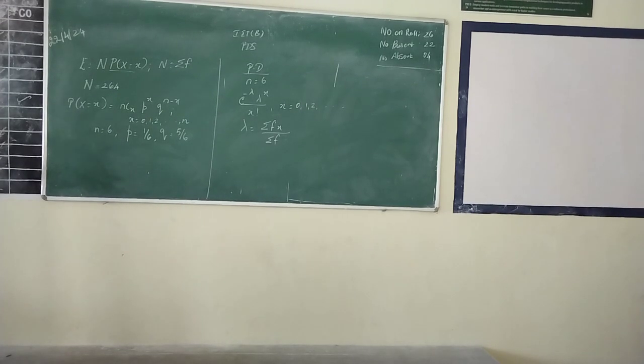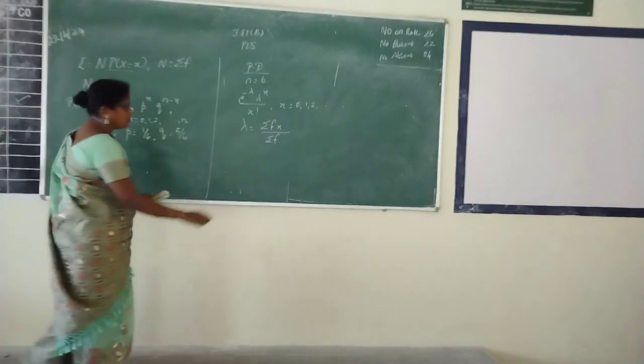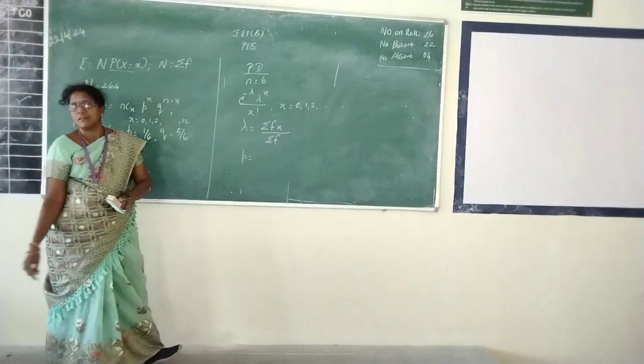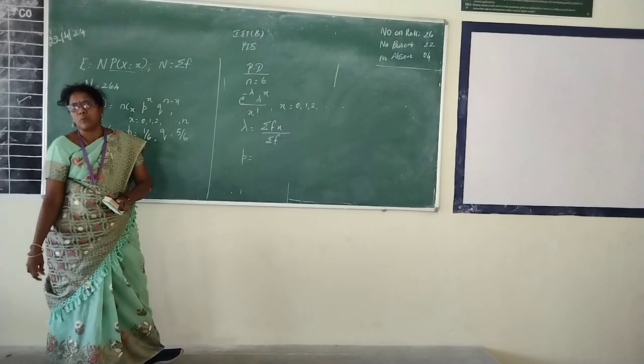If you are asked to check for getting a number 5 or 6, what will be the P value? Getting a number 5 or 6. So what will be the P value? 1 by 2? 1 by 6?